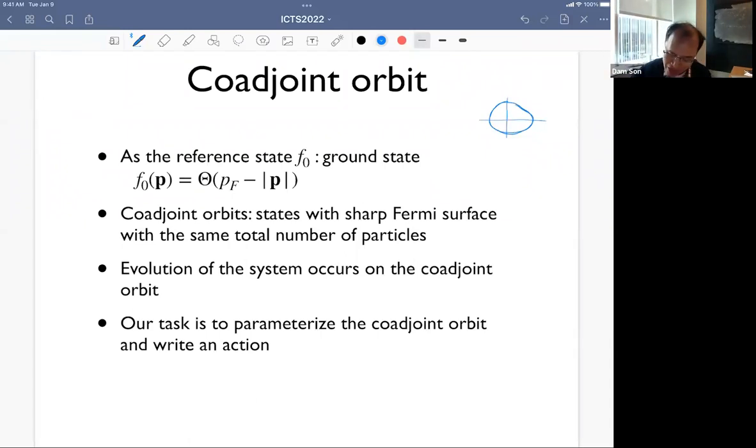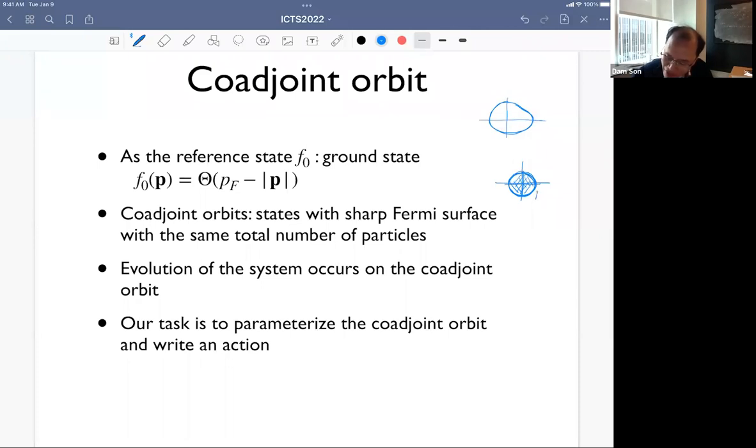If we take a reference state f0 as the ground state of the system, a state with a spherical Fermi surface, assuming a rotationally invariant system, then f is a step function at P_F.